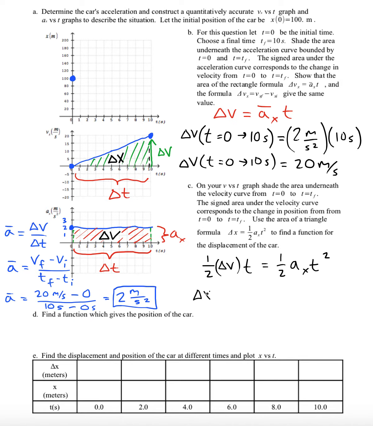So let's try it here. Delta x from t equals 0 to 10 will be 1/2 times 2 meters per second squared times 10 seconds squared. All right, let's see what that gives us.